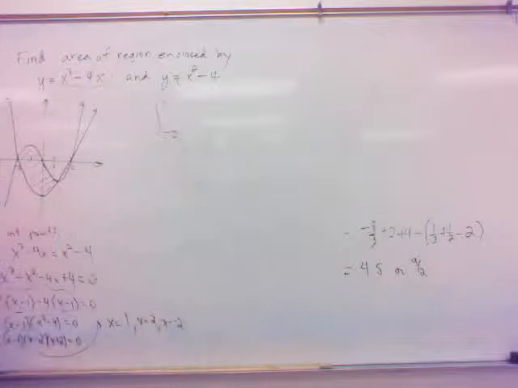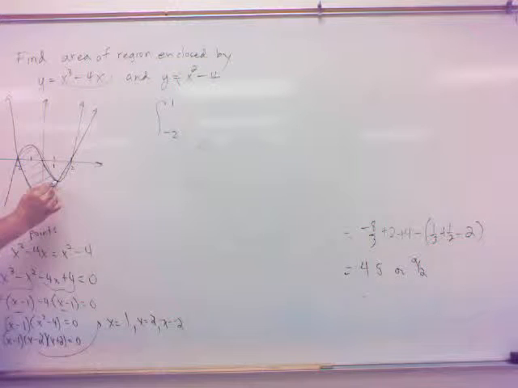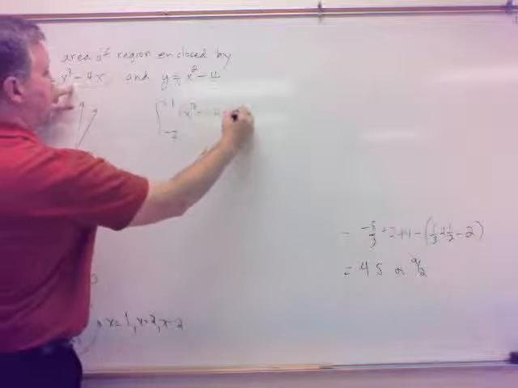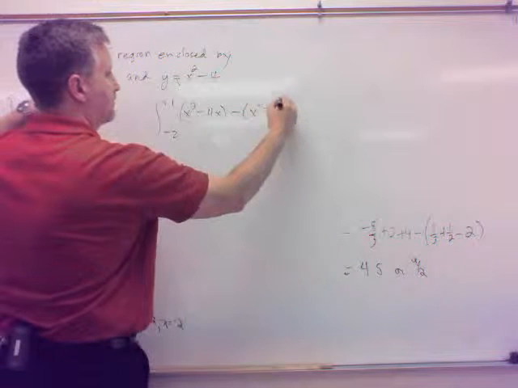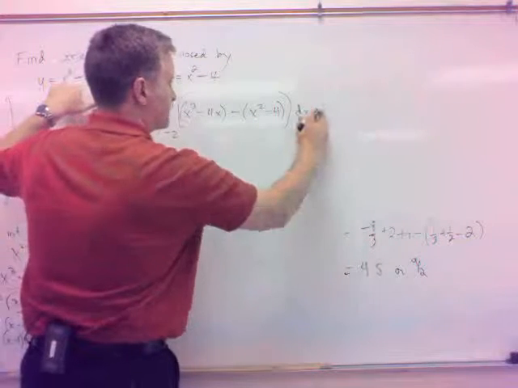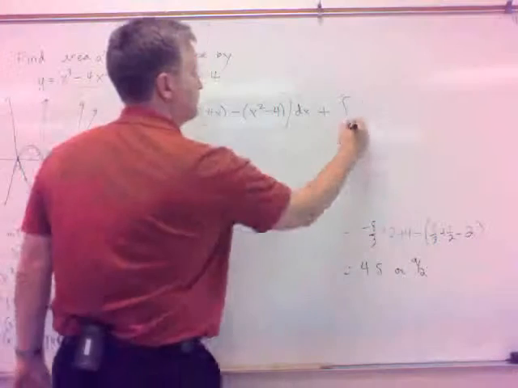Let's go negative 2 to 1, because on that part, what have I got? I've got the x cubed graph on top and the x squared graph on the bottom. So that would be x cubed minus 4x minus, x squared minus 4. And then they reverse from 1 to 2.